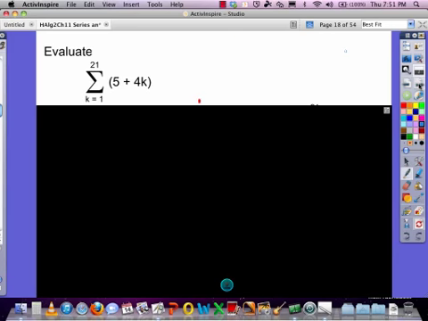So now if I put it in summation form again and said, whoa, what is this? Well, let's evaluate this. We want the summation of all terms from 1 to 21 following this little rule or this little algorithm. Some of you would say, well, I've got a constant there, I've got a linear term.